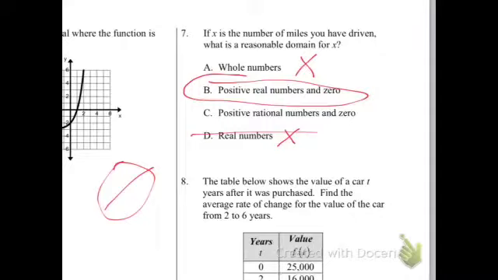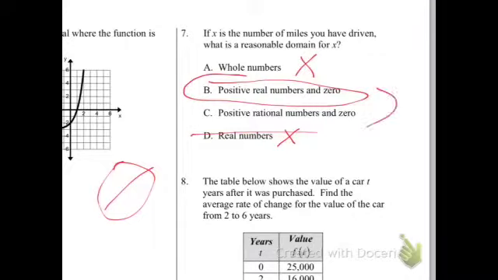It's going to be all the decimal ones and all the fraction ones. But when you get down to D, which would be all real numbers, you have to think about how the real numbers also go negative. Since we're measuring how many miles we've driven, it's not going to be negative. So D is out because it has negatives.